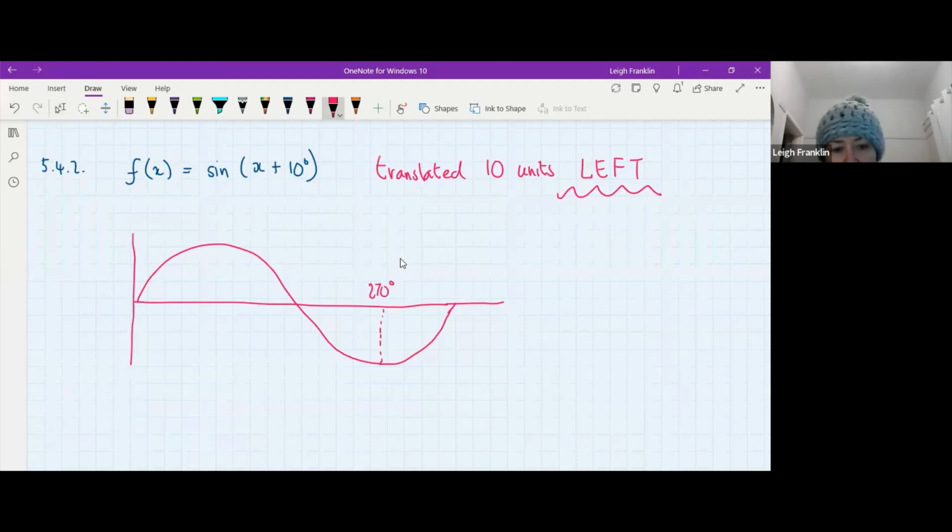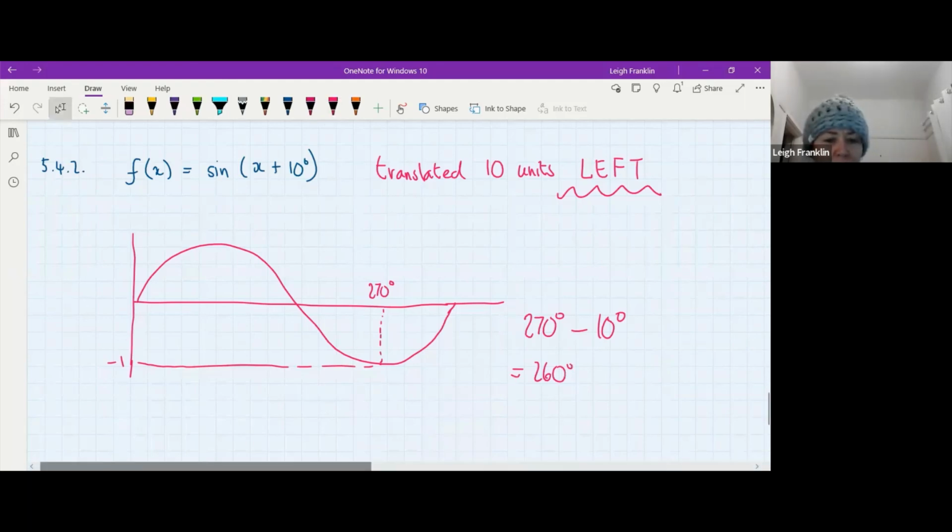That's normally where we would get our minimum of -1. But because we have moved 10 units to the left, this whole graph has shifted 10 units to the left as well. So in other words, our minimum is now going to be occurring at 270 minus 10, which means that it will happen at 260.